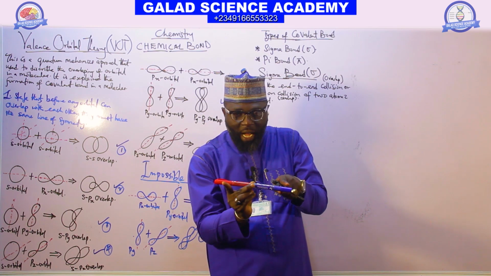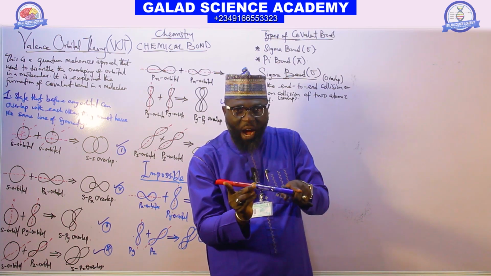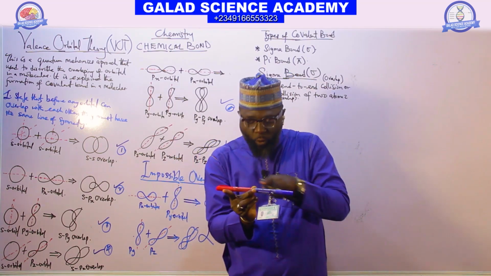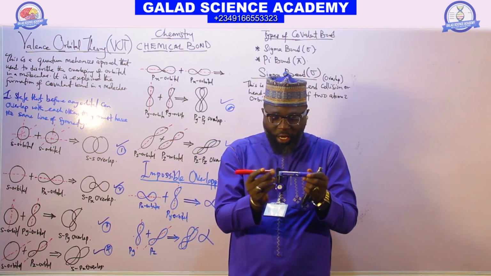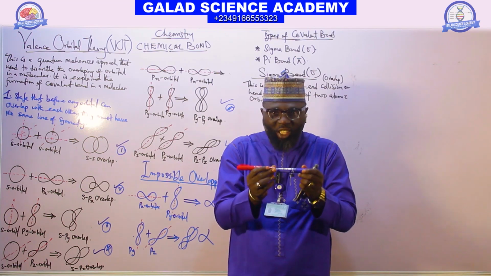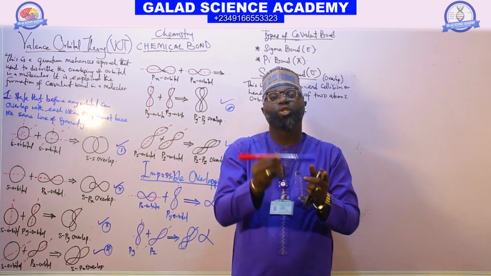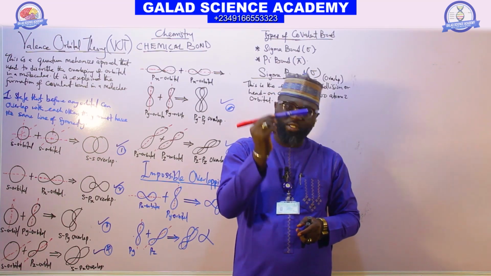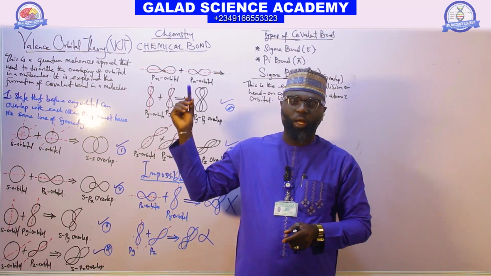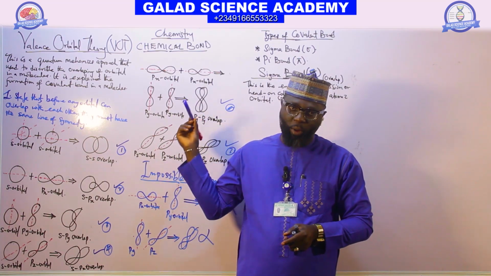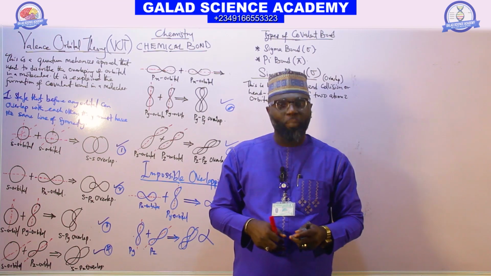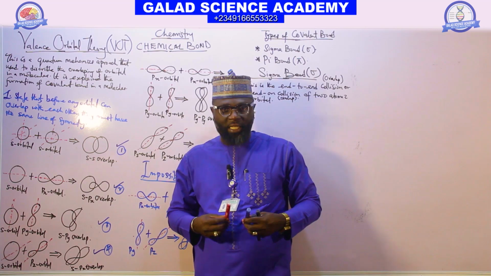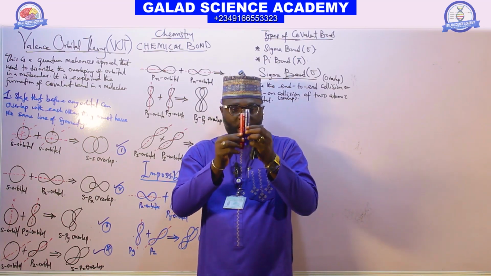This is also called axial overlapping. When two atoms overlap in linear form, in axial form, or in end-to-end overlapping or head-on overlapping, we call it sigma bond. And this bond is very strong compared to the pi bond. What is pi bond? Pi bond is a bond that exists between two orbitals that overlap vertically, like this.